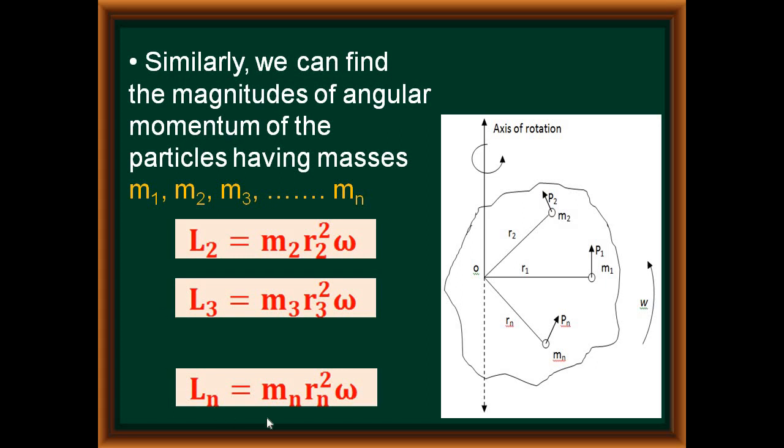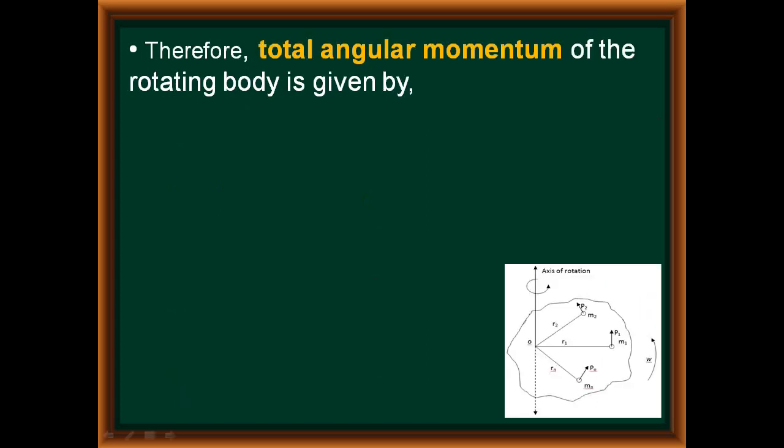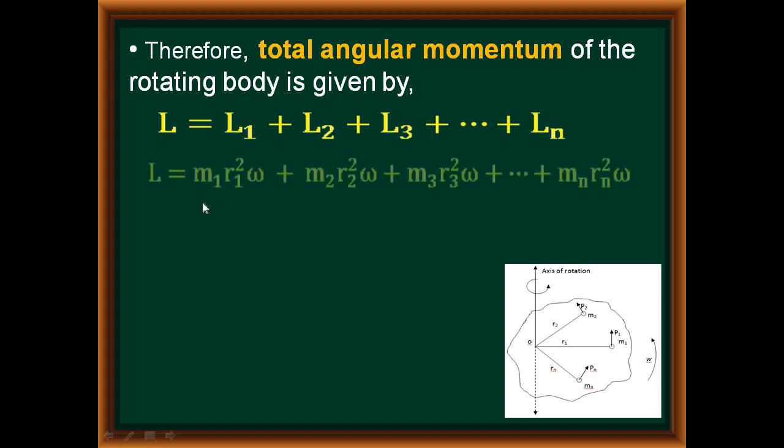These are the individual magnitudes of the angular momentum for the particles on the rotating lamina. Therefore, we can find the total angular momentum of the rotating body. The total angular momentum will be the sum of individual momenta. Therefore, L equal to L1 plus L2 plus L3 plus up to Ln for the particle having mass mn. If we substitute the respective values of the angular momentum, we will get this equation.